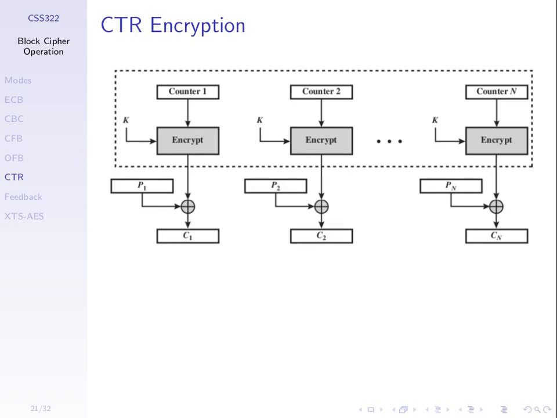So you can again do things in parallel or do things in advance. If you have multiple cores on your CPU, on your computer, then you can be encrypting counter 1 and at the same time on a different core or a different CPU, encrypting counter 2. So do them in parallel and then the XOR as well. So you can implement this much faster if you have the ability to do so on the hardware.